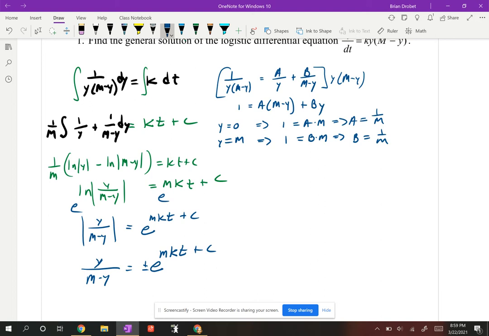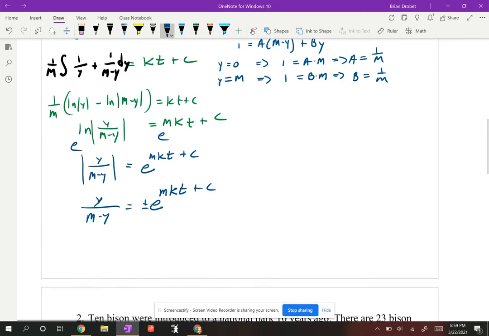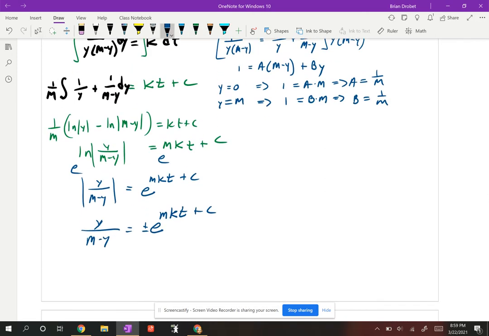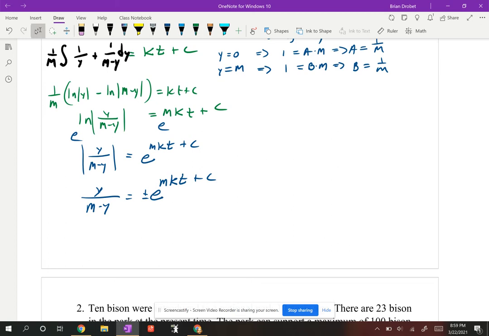Now again, I'm trying to solve this for y. So next, I've got one more step. I'm going to take the reciprocal on both sides. So when you take the reciprocal on both sides, you're going to end up with m minus y over y is equal to plus or minus.